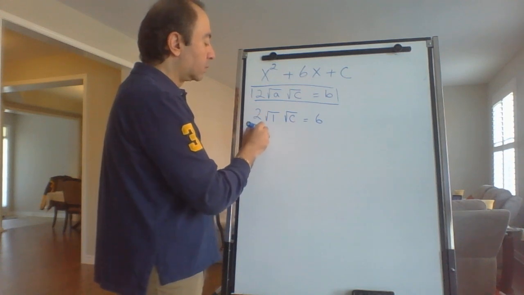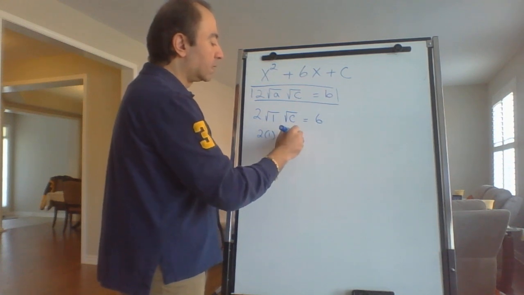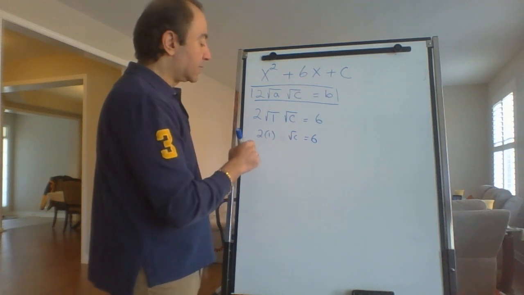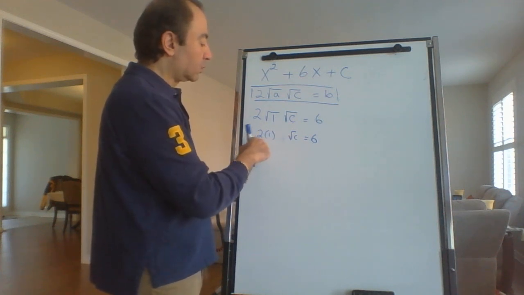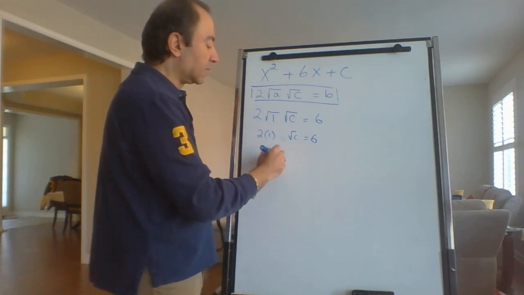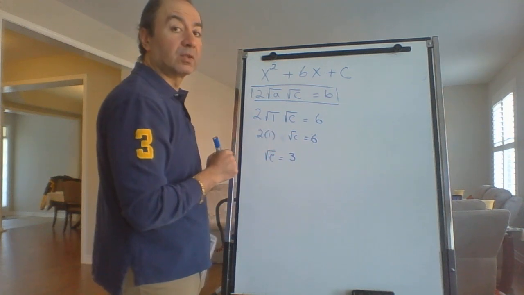Now 2 times the square root of 1 is 2, times the square root of C equals 6. I will start to isolate C. I will get rid of the 2 by dividing. So the square root of C equals 3. I divided both sides by 2.